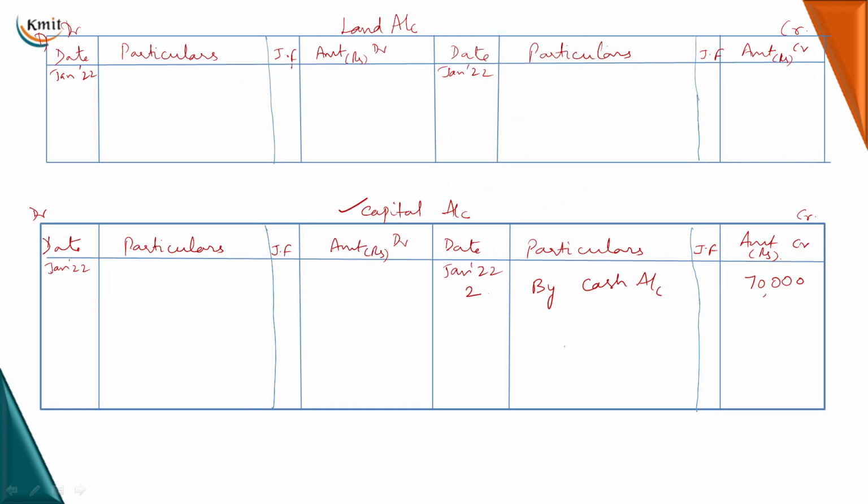See here, land account debtor to, what is the date of the transaction? It is 5th, right? To cash account.